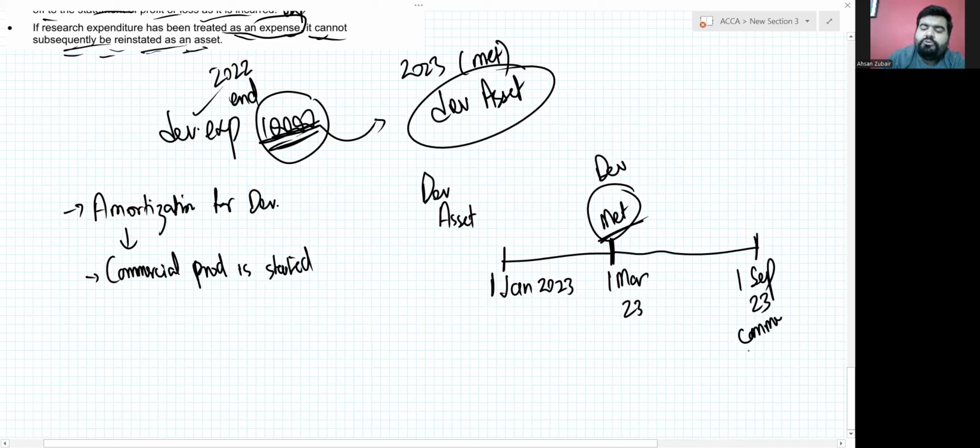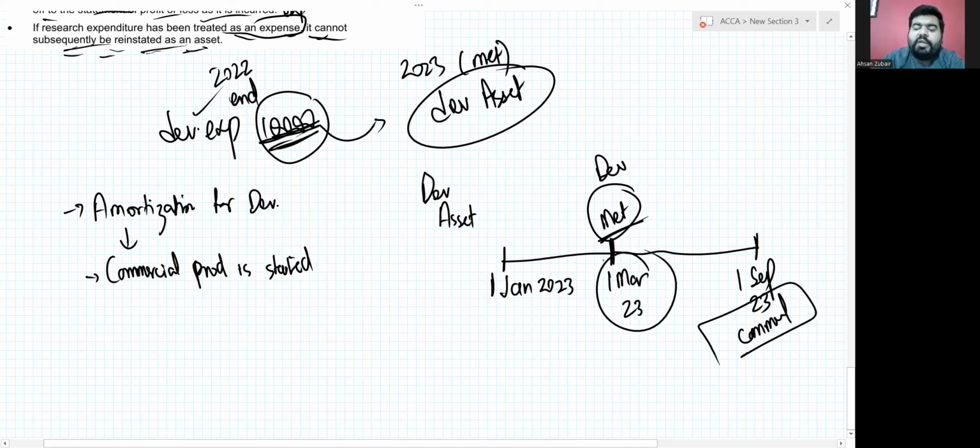So the asset is classified on 1 March 23, but you will not start the amortization from here. You will wait for commercial production to start, and from there you will start the amortization. That is the point: from whenever commercial production starts, you calculate the amortization.